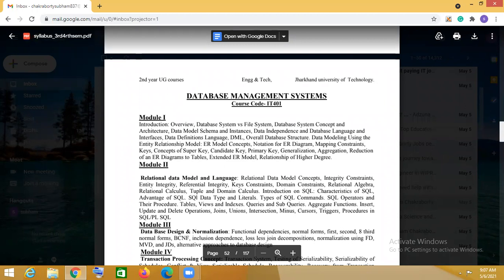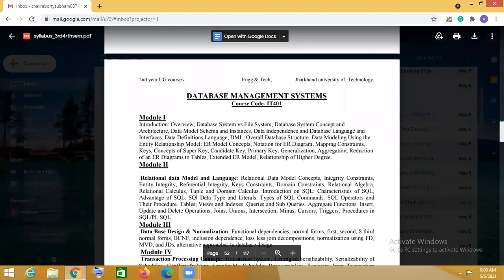So I will cover module 1, module 2 and module 3, and Shunil sir will cover module 4 and module 5. So there are 5 modules, and module 1 is the descriptions and introductions of the database management system, the view of database management system, drawbacks of the file system and how database management system overcomes the drawbacks.